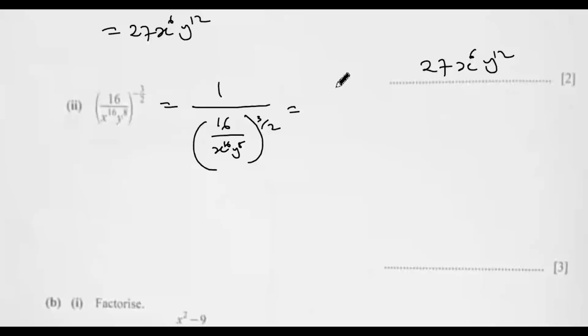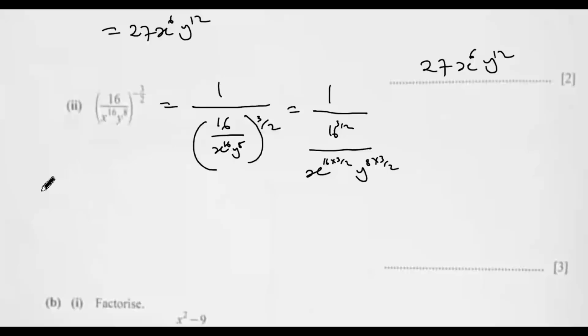So this is the same thing as 1 over 16 to the power of 3 over 2, then over x to the power of 16 times 3 over 2, then y to the power of 8 times 3 over 2. So this 3 over 2 is meant for everything in the bracket as well.